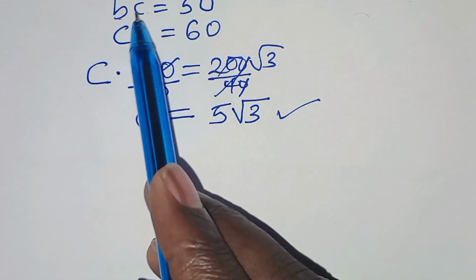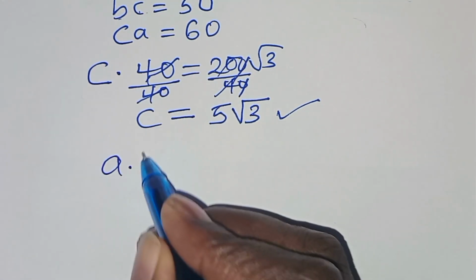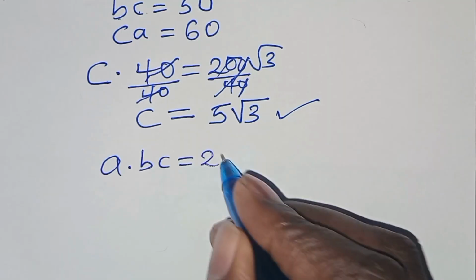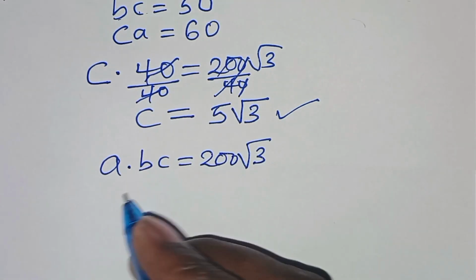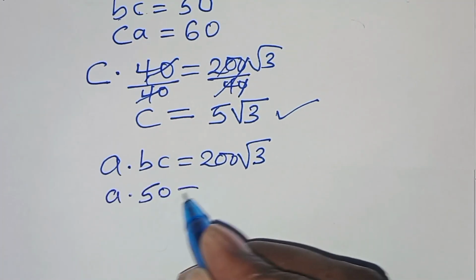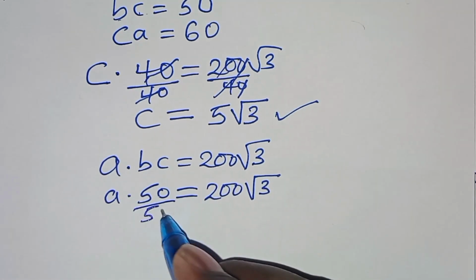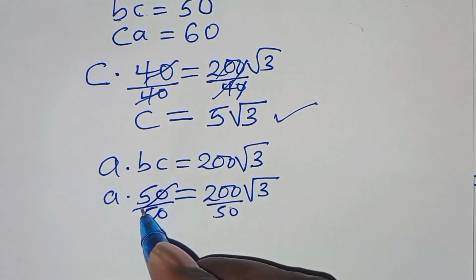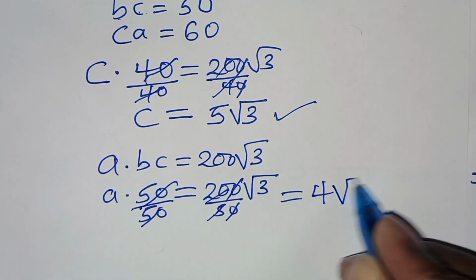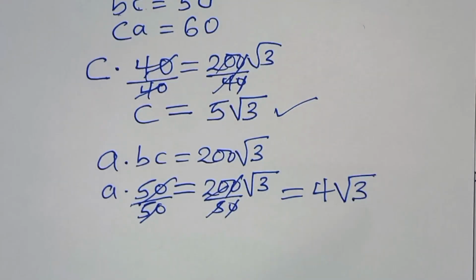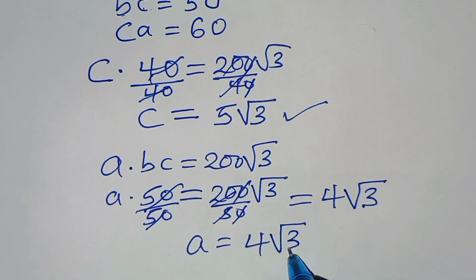We have B times C, and that means we can calculate the value of A. So A times BC is equal to 200 square root of 3. BC is 50, so A times 50 is equal to 200 square root of 3. Let's divide both sides by 50, so that the value of A is equal to 4 square root of 3.